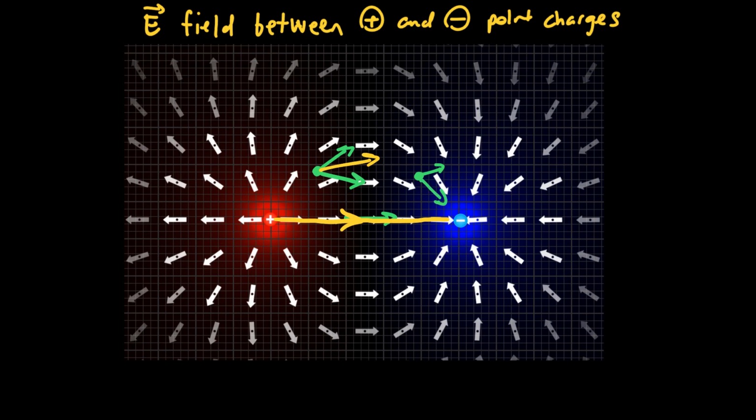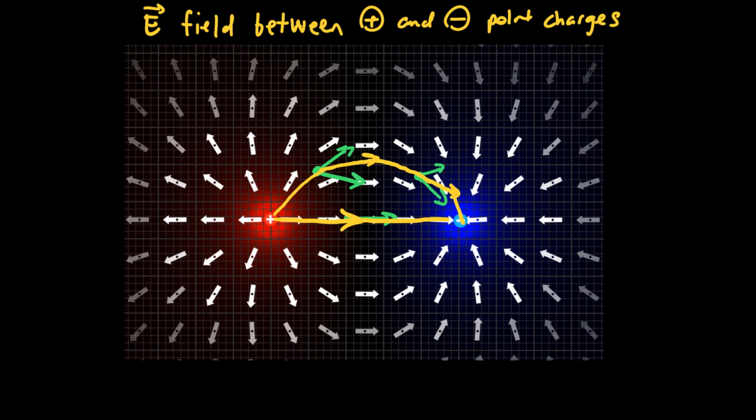And so the sum of those two forces would probably give us a force that looks something like this. You can imagine many different locations where we could draw in the sum of the forces due to those test charges, and what we would get is a bunch of electric field lines that look something like this.